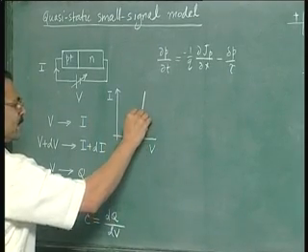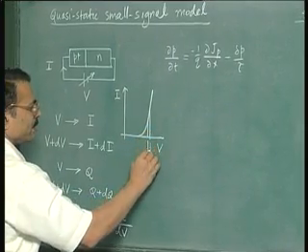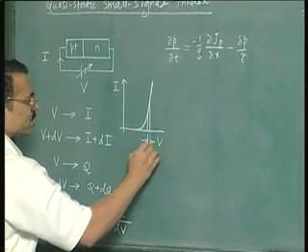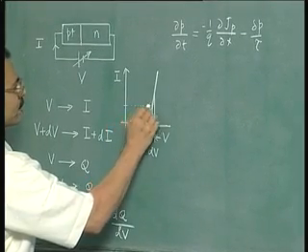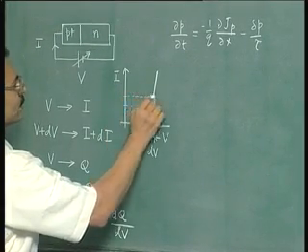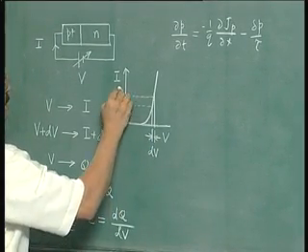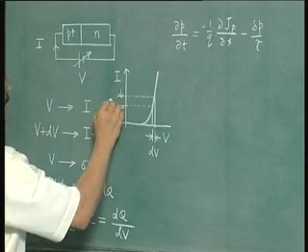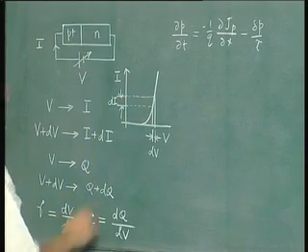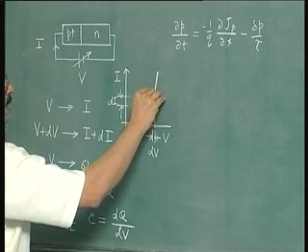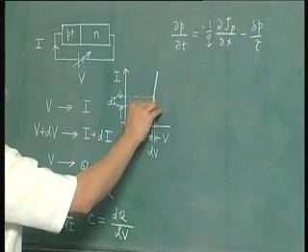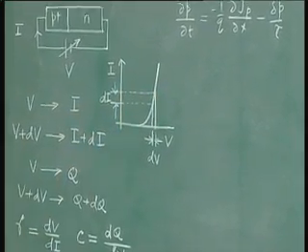At some voltage V you make a change dV, so this is the change dV, and the corresponding change in current is dI. So you note this change in current dI, and this dV divided by this dI is the resistance. So basically it is the slope of this curve, DC curve, at any point.